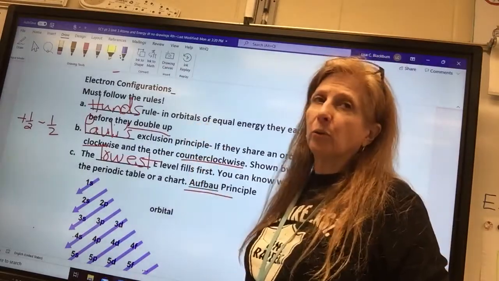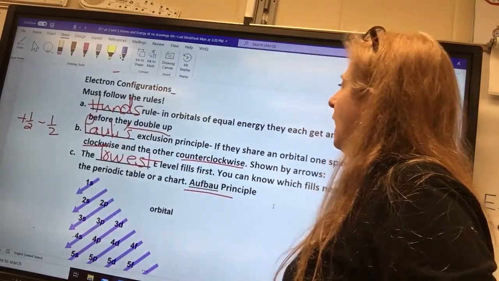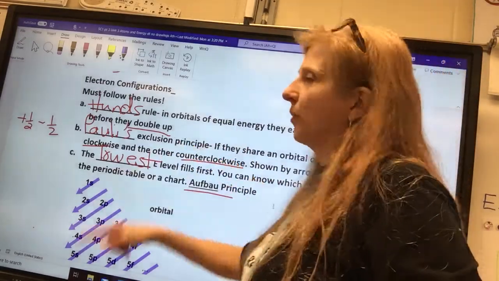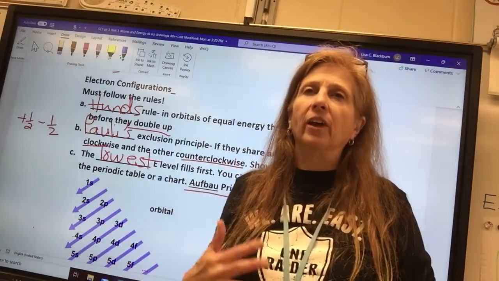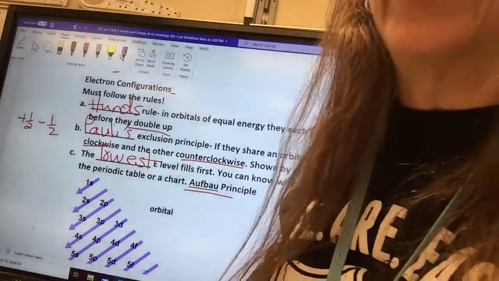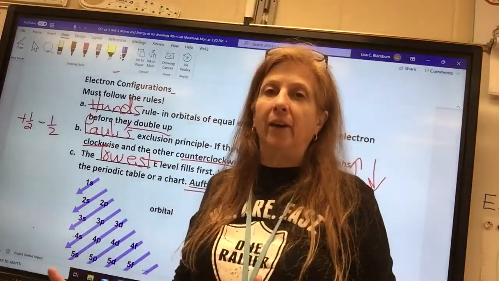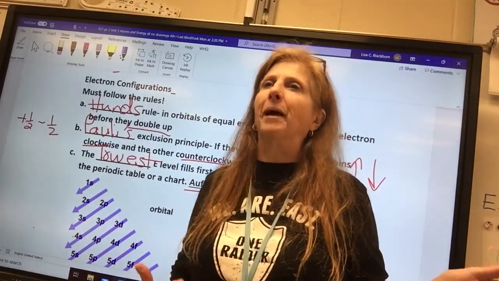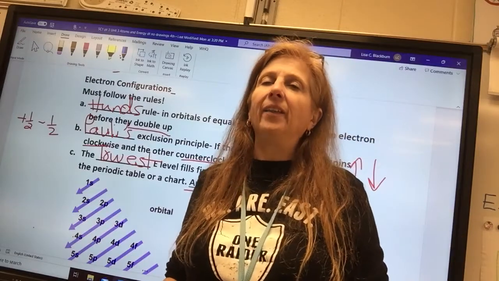Okay, so here are the rules. The first one is called Hund's rule, and it's that in orbitals of equal energy, they each get an electron before they double up. I call this the kid rule because it's like kids sharing rooms. Like husband and wife get married, and they buy a 3-bedroom house. They take the good bedroom, the master with the bathroom. Okay, then they have a kid.